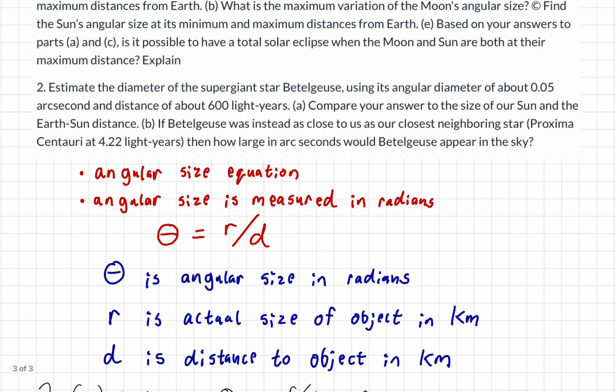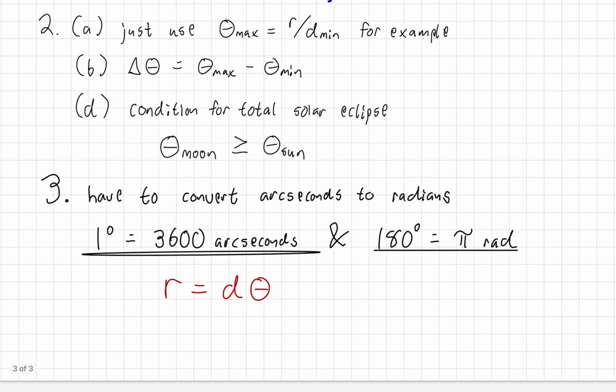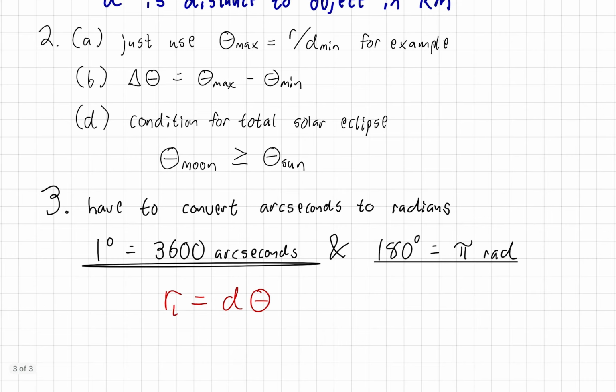Now you can write that number, and in your work you should, but I ask you to compare your answer to the size of the sun and the Earth-Sun distance. So I want that comparison as a percentage, as a fraction. So, for example, this would be R for Betelgeuse, B for Betelgeuse. Maybe you could say that that's equal to 10 times the radius of the sun, because maybe it's 10 times bigger than the sun.